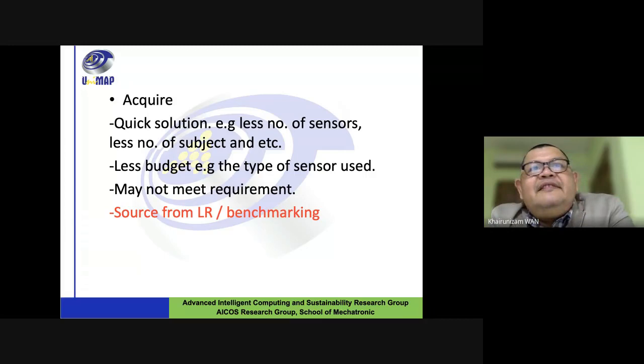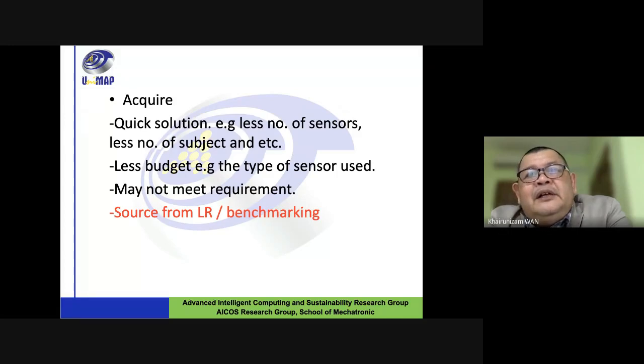Less number of sensors, less number of subjects, and etc. Because when you conduct a literature review, you gather information about the usage of sensors.